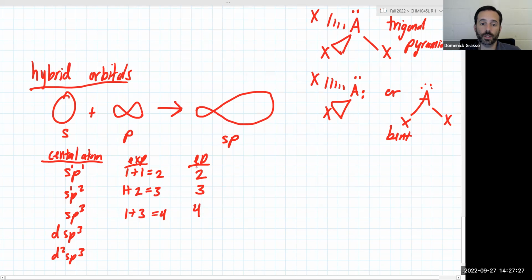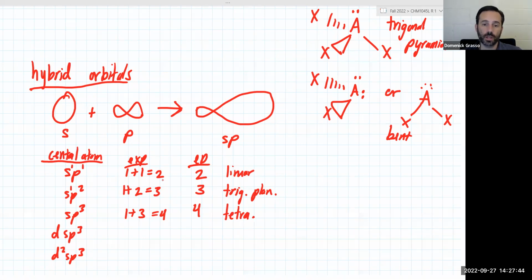What's it called if you've got 2, 3, and 4? This is linear, this is trigonal planar, and this is tetrahedral. So that's all it is. The D gets you into these higher, more complicated shapes, but again, we don't need to worry about that.